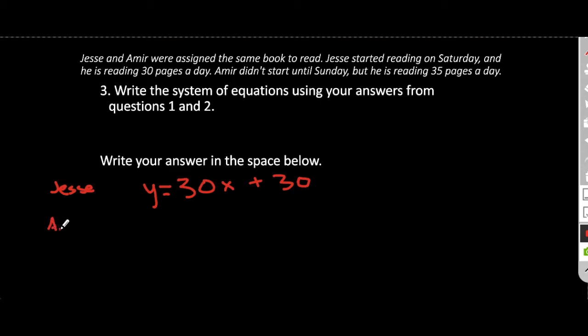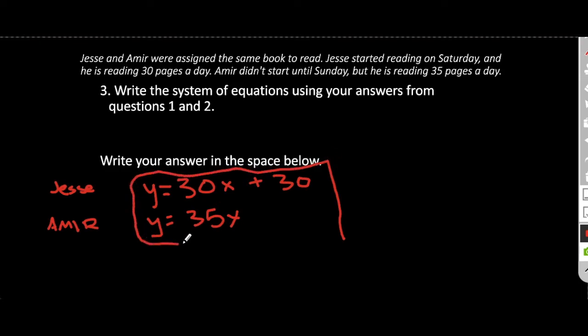And I remember that Amir's equation is represented by y is equal to 35x. So this is my system of equations right here. I got y is equal to 30x plus 30, and I got y is equal to 35x.